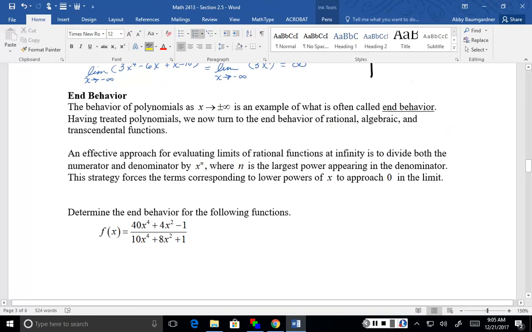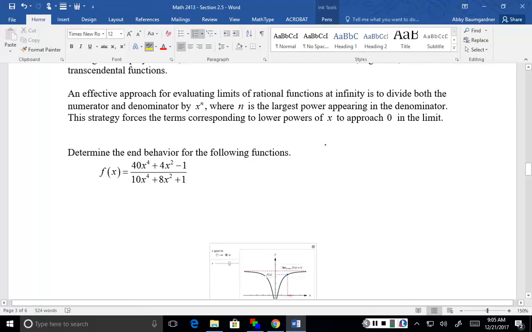All right, an effective approach for evaluating limits of rational functions, so it has to be a rational function, is to divide both the numerator and the denominator by x to the n, where n is the largest power appearing in the denominator. All right, so it's just a little trick to try to reduce this to something that we can quickly evaluate.